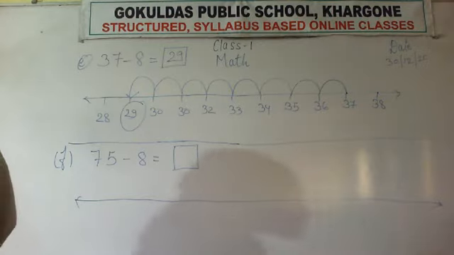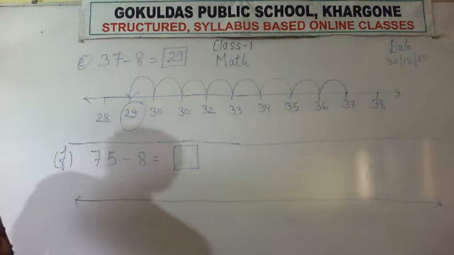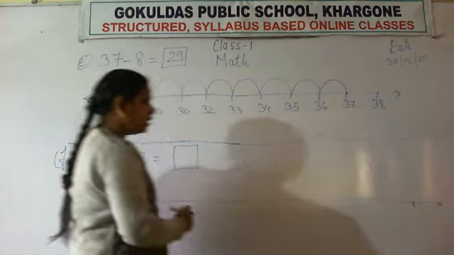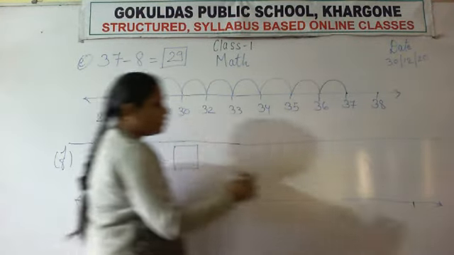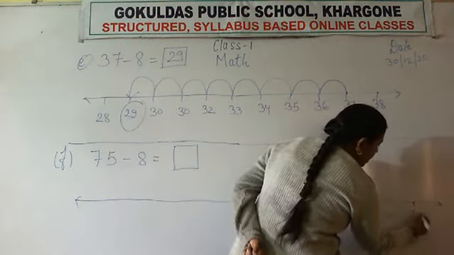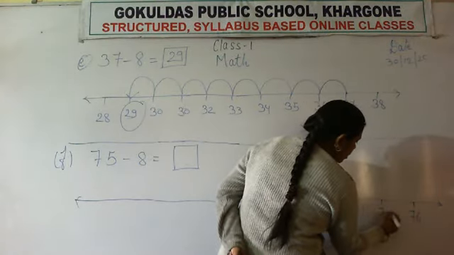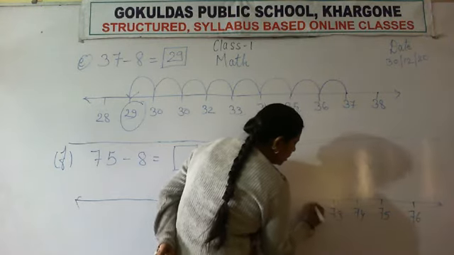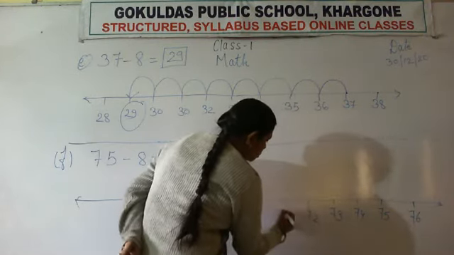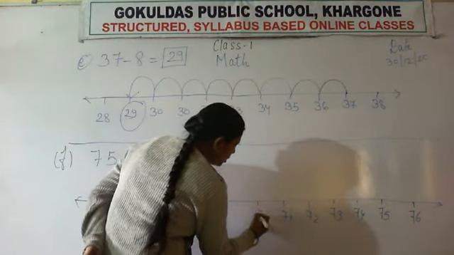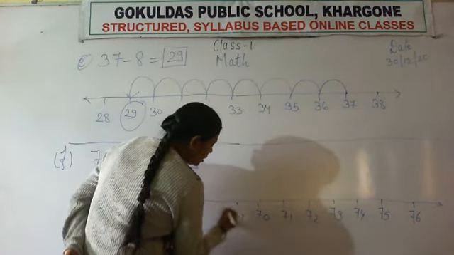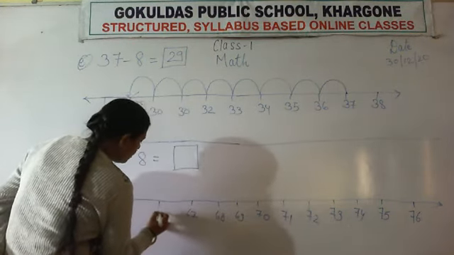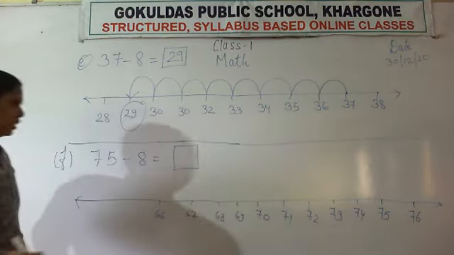Now check your answers, dear students. So first write the numbers on the number line. What is the number given here? 75. So we are going to write numbers from 76 in reverse order: 74, 73, 72, 71, 70, 69, 68, 67 and 66.